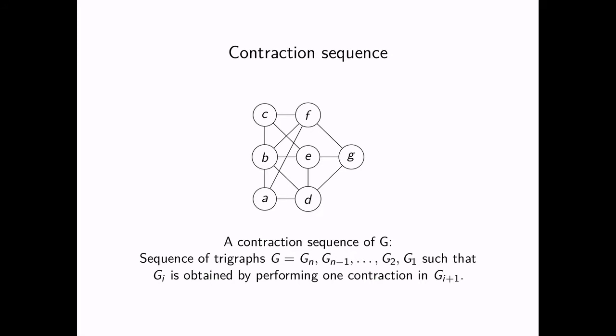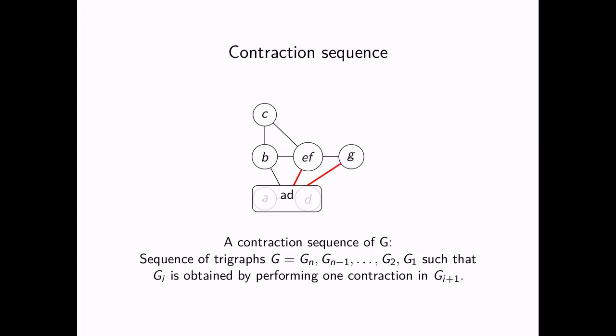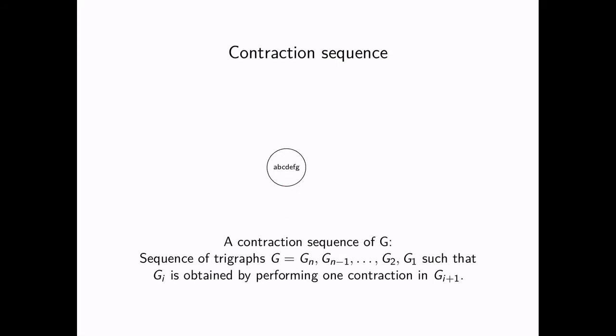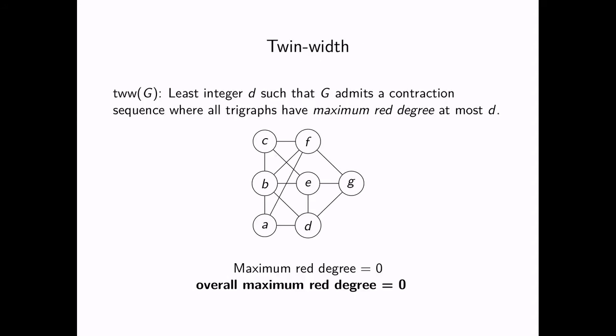As we were doing in this second scheme with cographs, merging progressively our graph to a single vertex, we will do the same. We'll merge our graph to a single vertex, and that defines many trigraphs along the way, and that is a contraction sequence. Now twin width is just the least integer d such that the graph has a contraction sequence where all the trigraphs that you encounter have maximum red degree at most d.